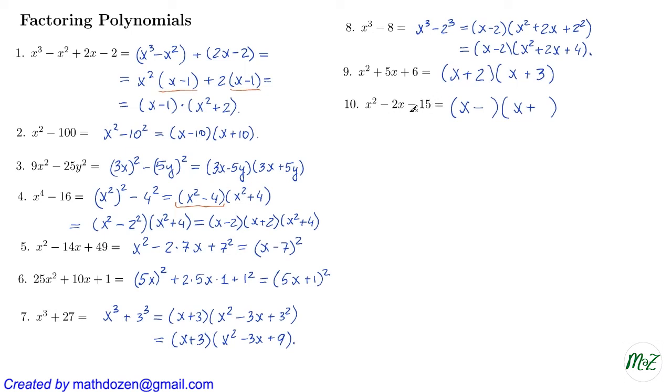So to get negative 15, we need to have one positive, one negative number. That's why I have x minus, x plus. And we need to get negative 2 for the sum, so it looks like x minus 5, x plus 3 is a good choice in this case. And that actually works out. When you FOIL this expression, you do get the x squared minus 2x minus 15 back.